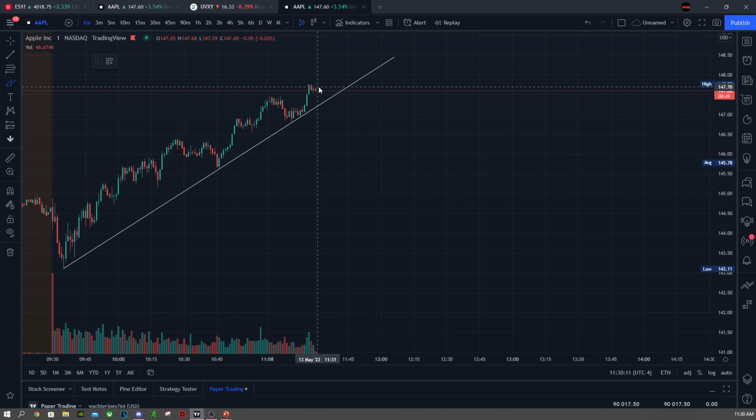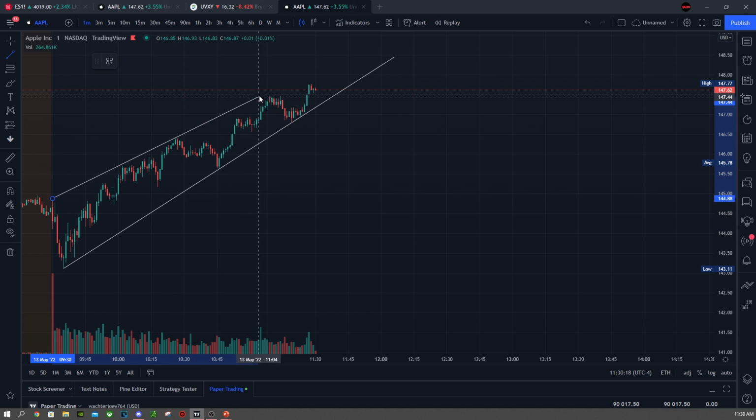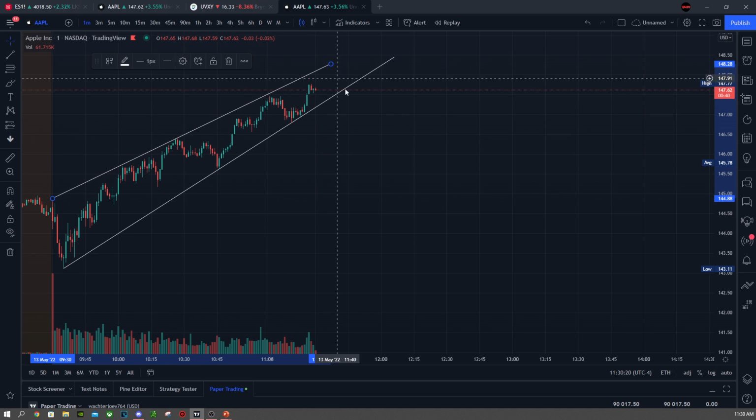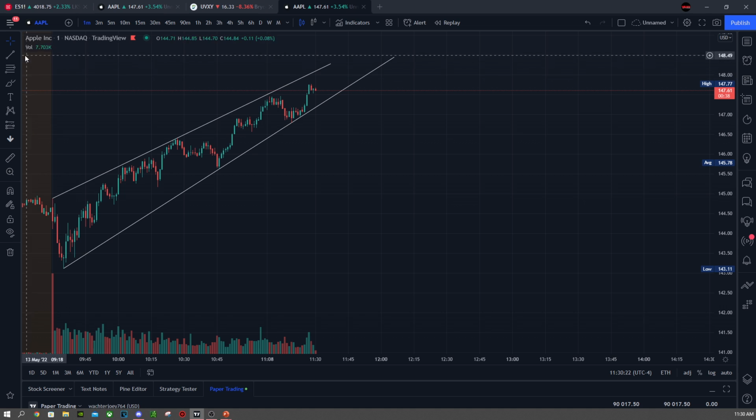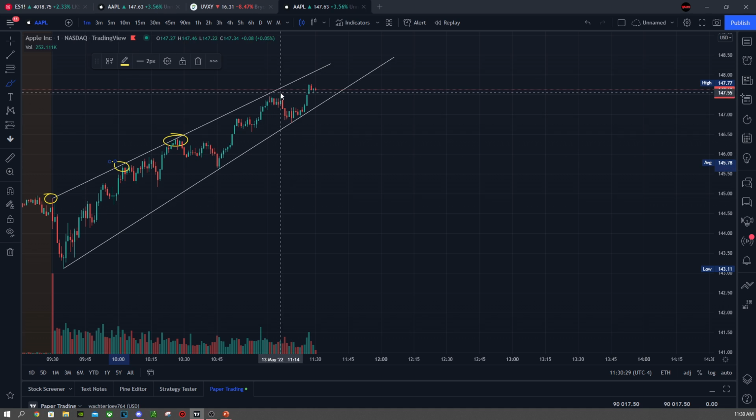If we did break through this support line, we'd most likely be heading down. Now let's see if there's any resistance lines. If we connect these, boom, look at that. So we have connected this point and then these points, and you can say we've also here. Again, it doesn't have to be exactly pinpoint, right?